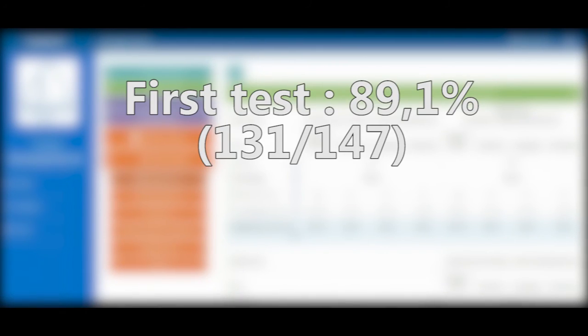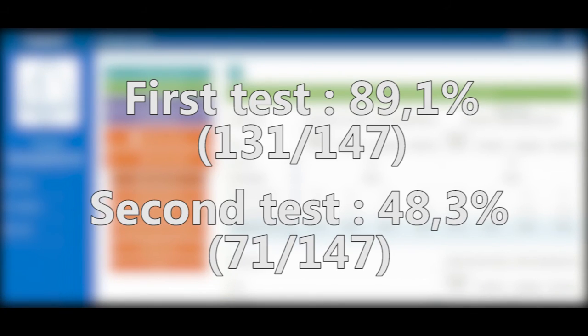In the previous example, the weighting percentage of the sensory motor section calculated before the first Tomatis session is 89.1%, 101 items out of 147, while it is 48.3% after one session, 71 out of 147.